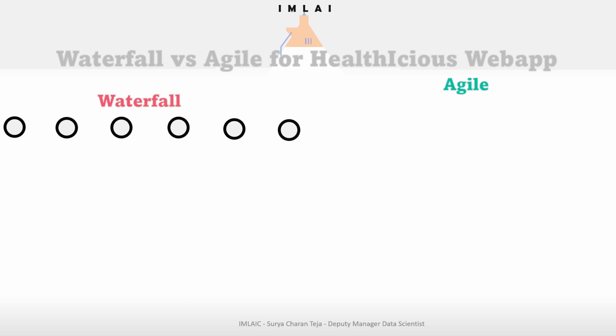And it is all up to you to decide, Jancy, which methodology you want to go with. But let me explain both methodologies using your healthious web app as an example.